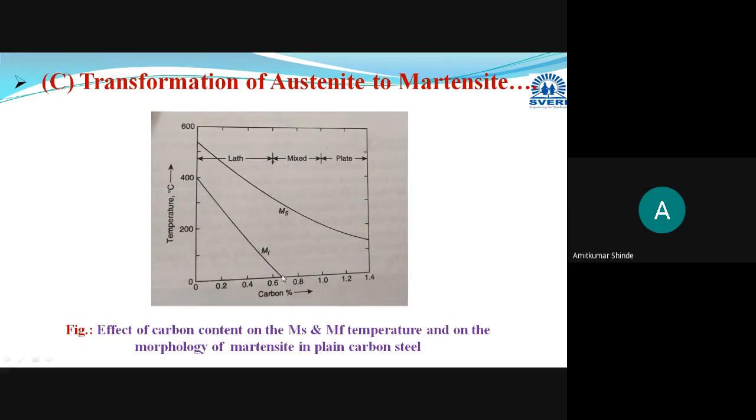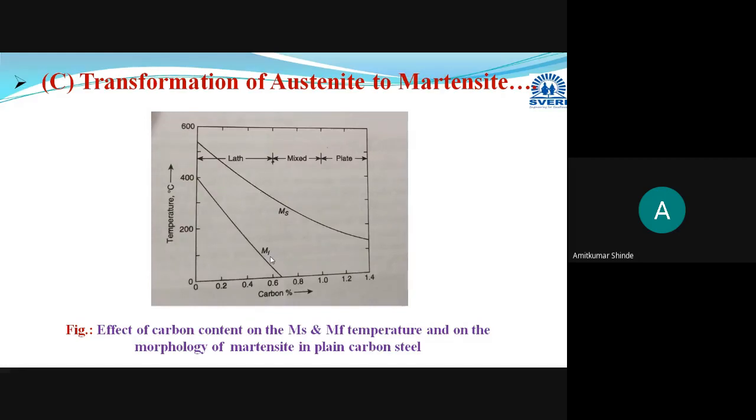At this particular point, 0.7% carbon steel, the Mf temperature is near or equal to room temperature. Whenever you have a higher carbon percentage than 0.7, you have to go below room temperature to get the complete martensite, or to finish the martensite transformation.